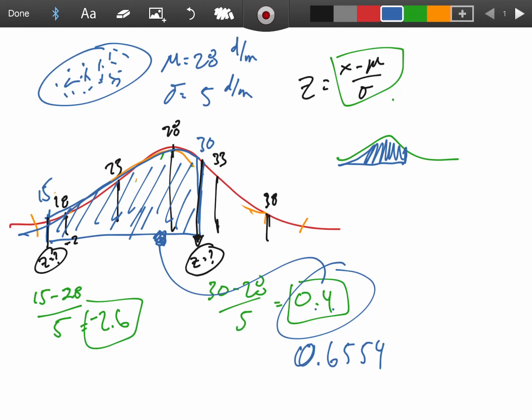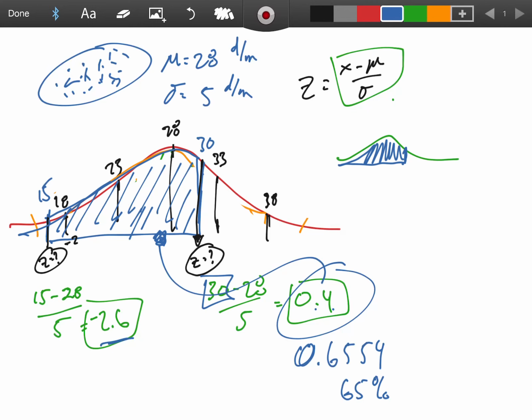That's that proportion. Or what it's saying is that for folks that eat 30 donuts, 65%, well, 65.54% of the population eat fewer donuts than they do.